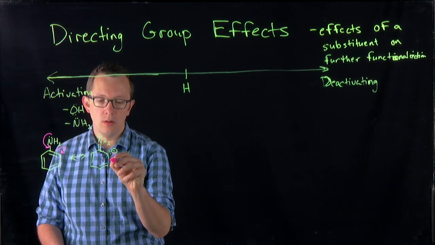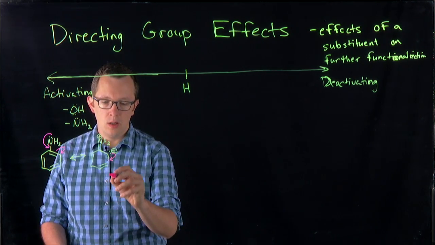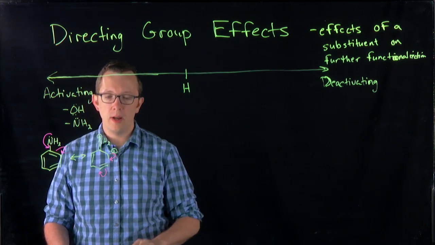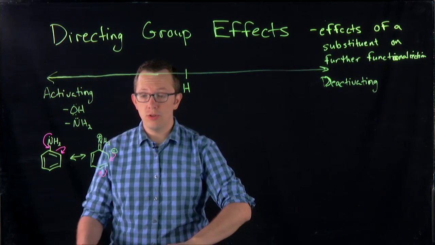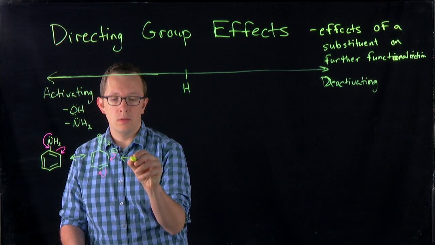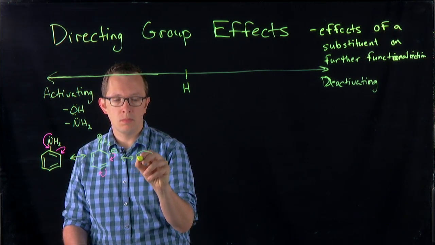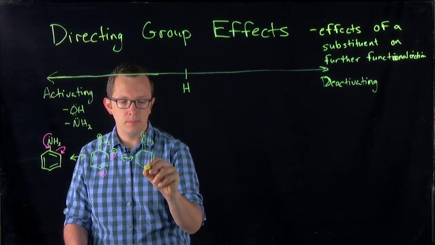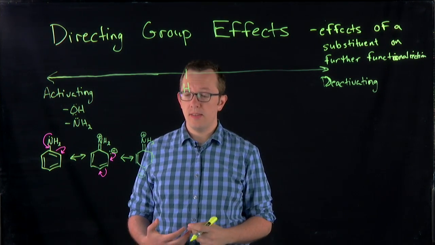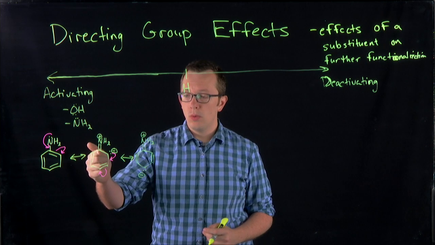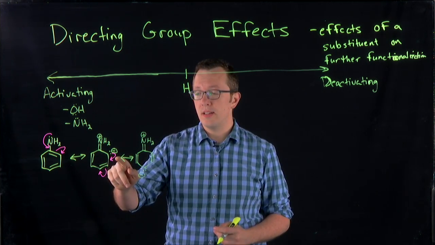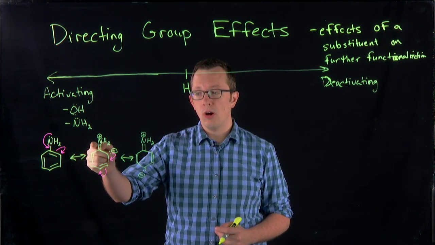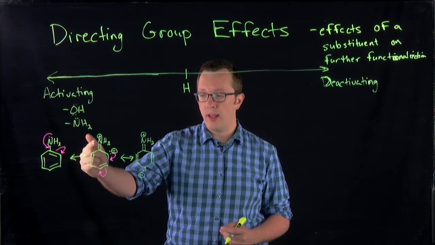So we can take this lone pair, push it down, and then put a lone pair on the carbon that's para to nitrogen. Right? So we're increasing electron density at these positions. In this structure, we have increased electron density that is ortho to our nitrogen, to our aniline group.